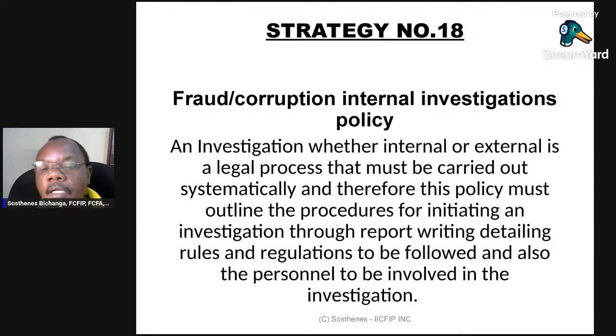If that policy is there and it was signed by all staff, among other things, authorizing the organization to have unlimited access to all the items assigned to the employees, including offices, drawers, and computers, then there will be no problem in seizing and searching such offices, drawers, and even computers.